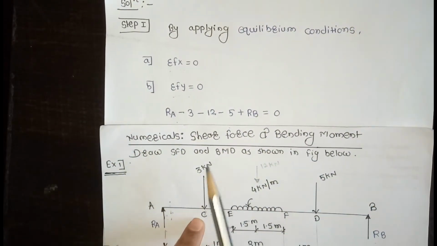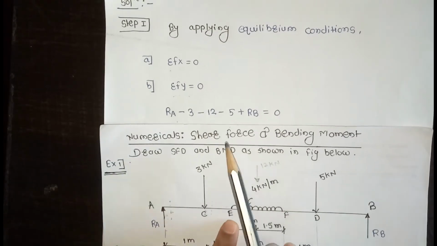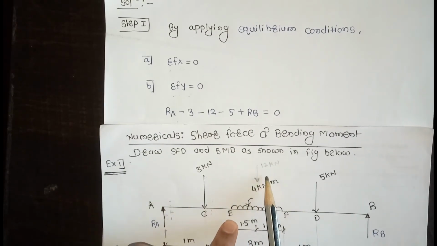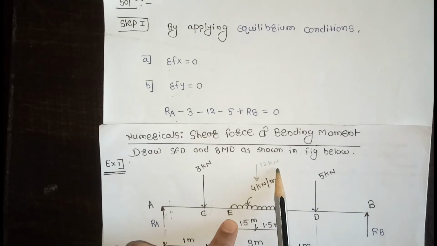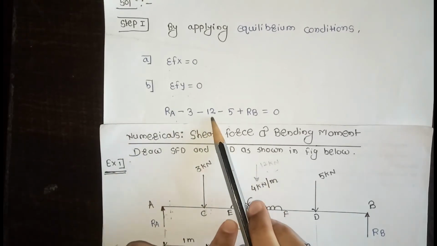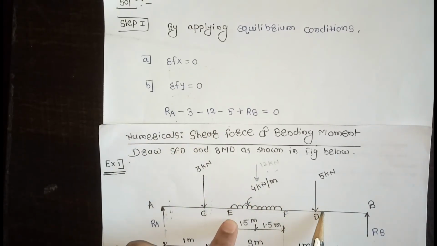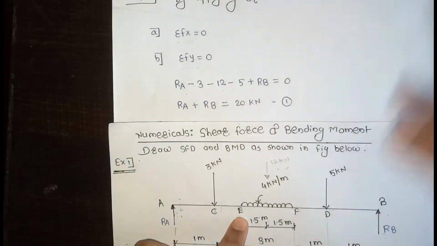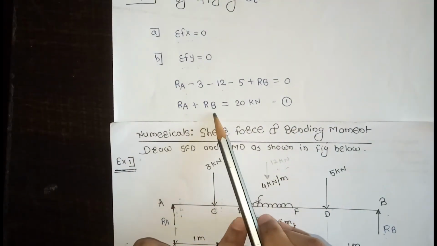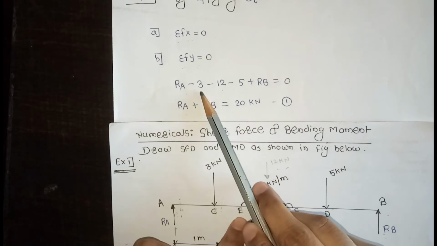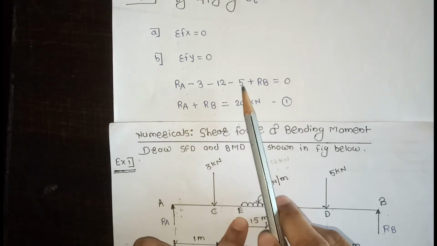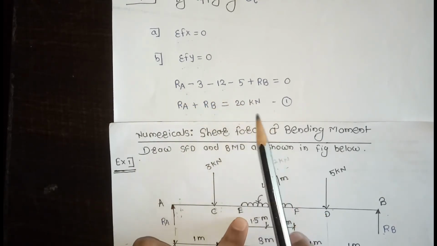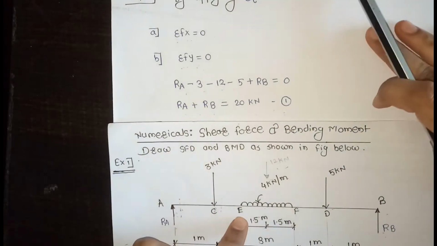Then the equivalent point load, 12 kN, is a downward force, minus 12. Then downward force minus 5. Then plus RB, upward force, is equal to 0. Then RA plus RB is equal to 12 plus 3, 15, plus 5, 20 kN. This is the first equation.